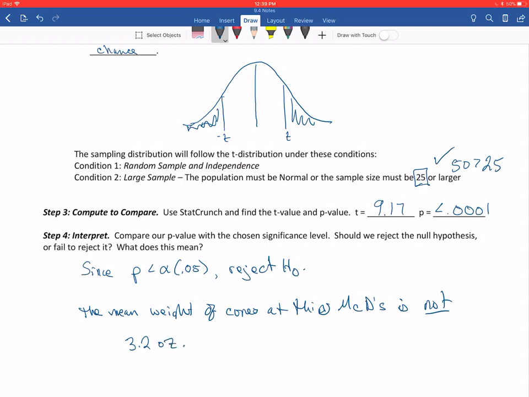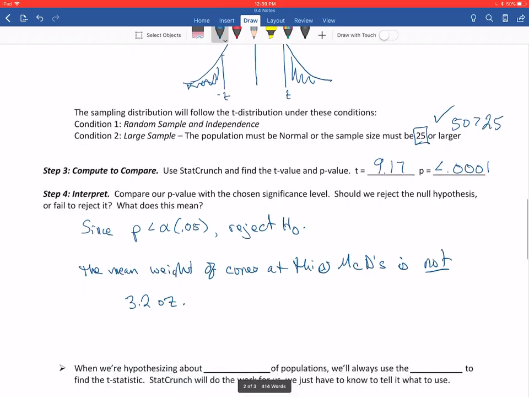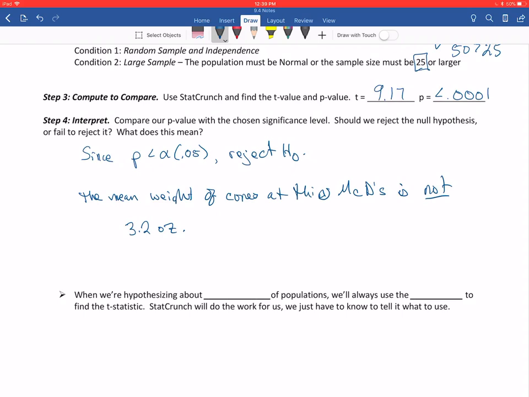And that's as far as we can go there. We can't claim that it is more or that it is less. All we were testing was, is it something different? And we just found that we have enough evidence to say, yeah, it is. So remember, when we're hypothesizing about means, we will always use the t-stat area in StatCrunch.